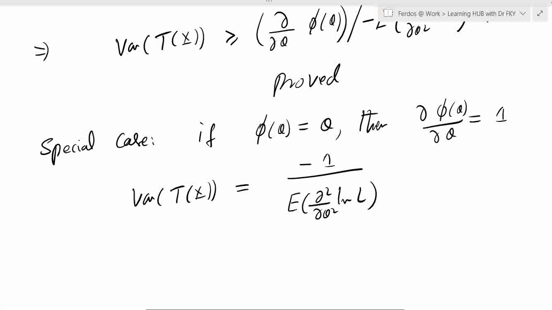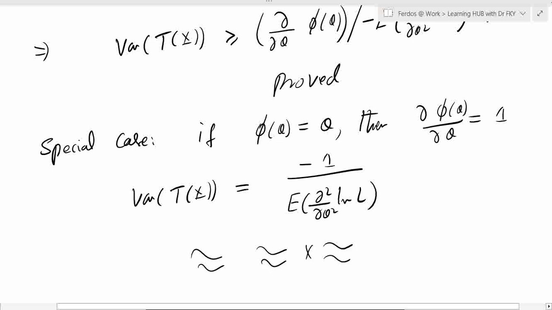So this is all about the Cramer-Rao inequality, which is useful to find the lower bound of an estimator. So this was all about an unbiased estimator.